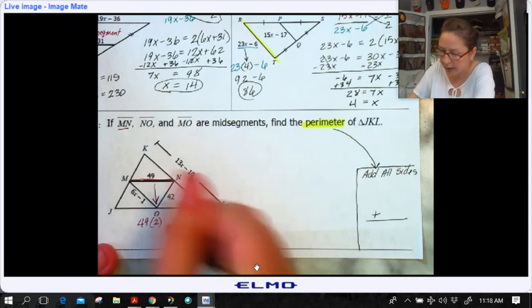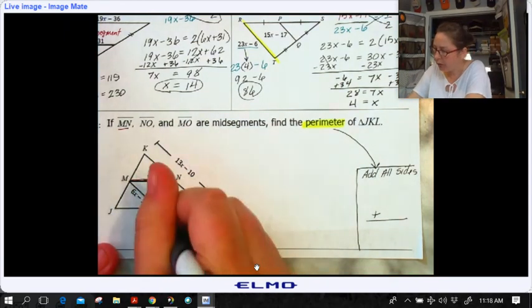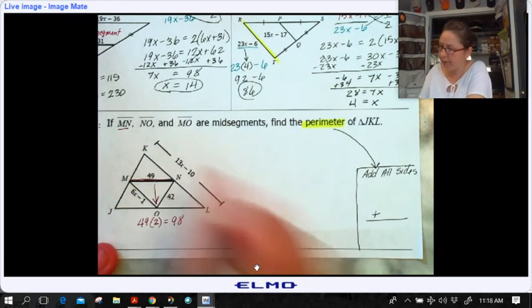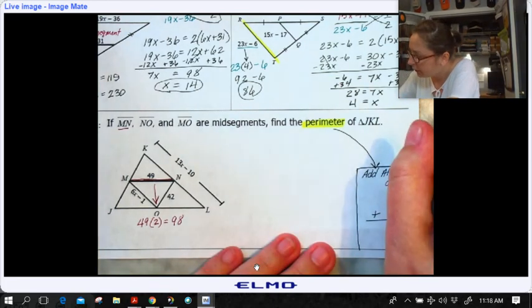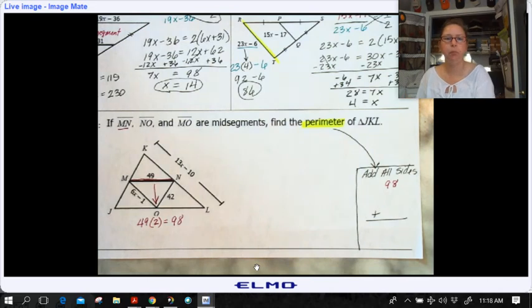So 49 times 2 is actually 98. So that side length is 98. So I found one side already. Let's find the other side.